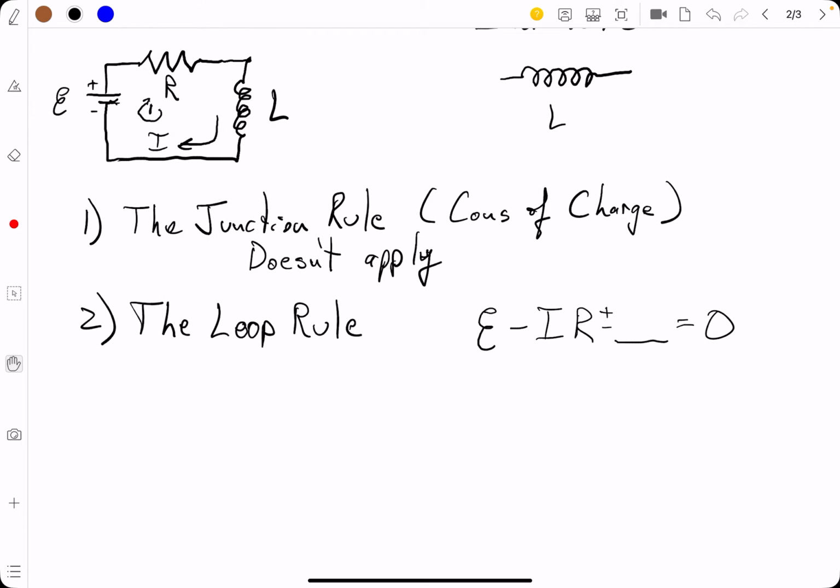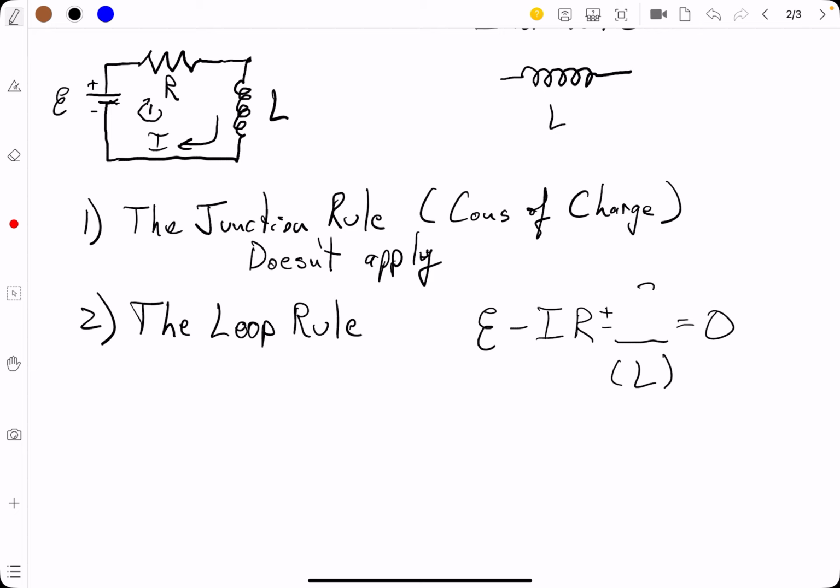So we're going to do our loop rule and see if we can figure out what happens here with the induction. Okay, our inductance is going to come into play, but what is it that's actually going to come into play here? Are we gaining? Are we losing across the inductor?